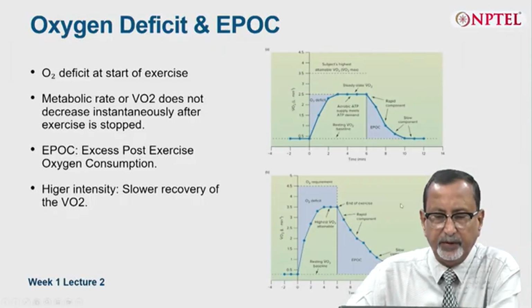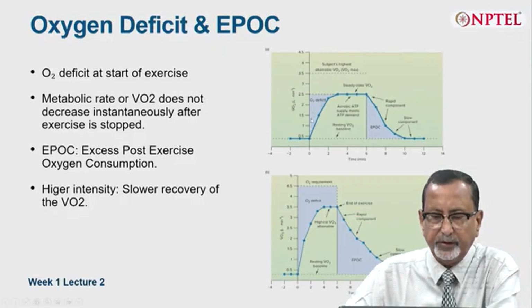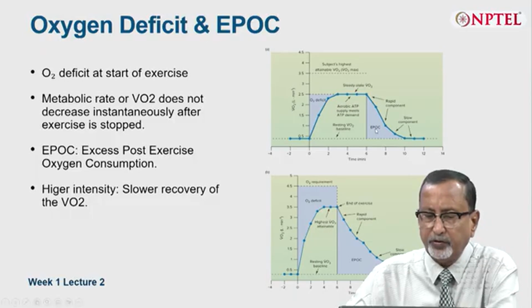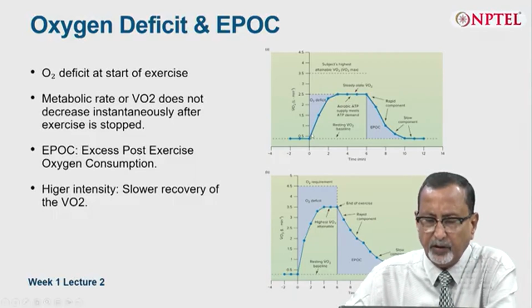If you see here, this is the oxygen deficit, and this portion is called excess post oxygen consumption. For the trained person, the kinetics of oxygen uptake would be a much faster rise compared to the slower rise of the untrained.